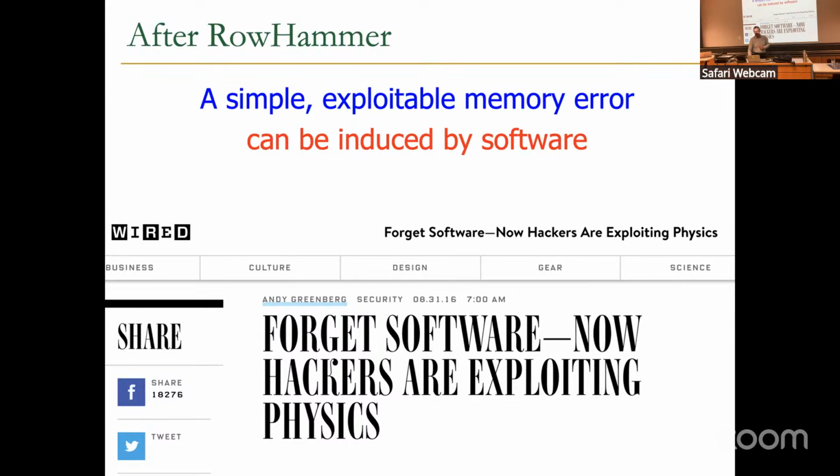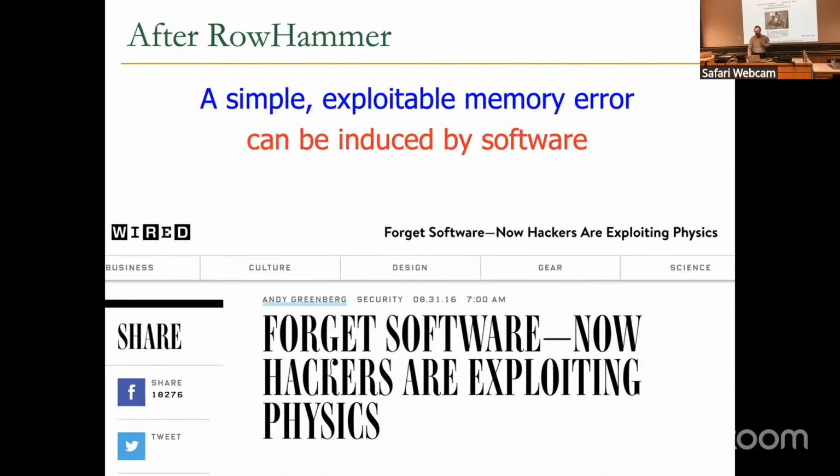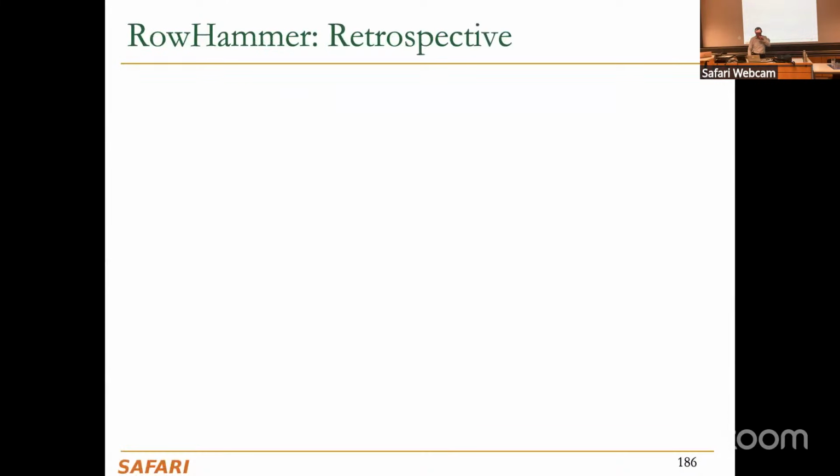So now a simple memory error that's quite predictable can be induced by software. That's why RowHammer actually enabled a lot of those bit flip type of attacks that the security community did not develop after this, because it's very interesting, yes, but it's not a very practical type of attack, right? But with RowHammer, all of those attacks become much more practical right now. That's why RowHammer has a lot of impact on the security community.